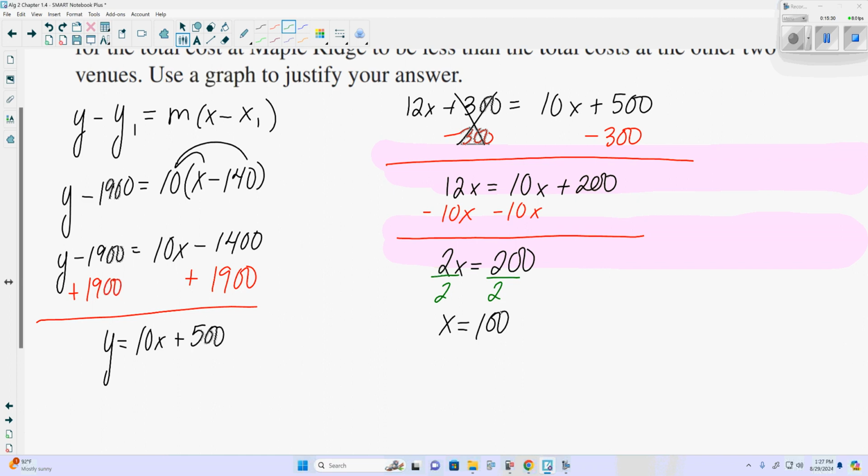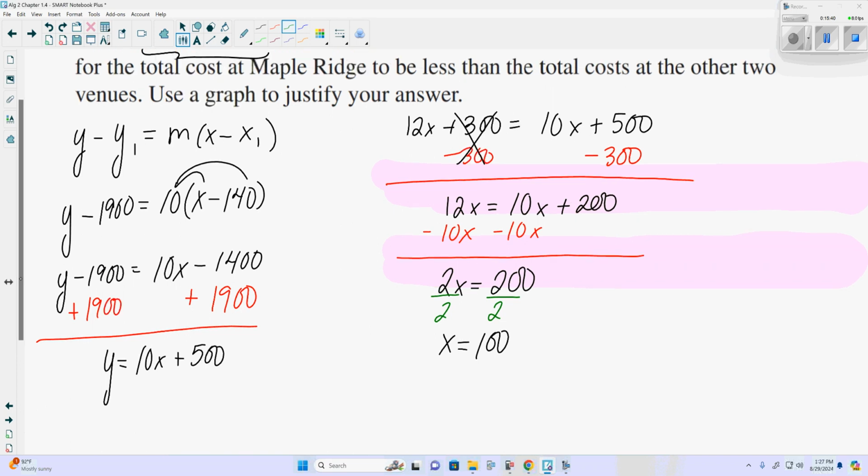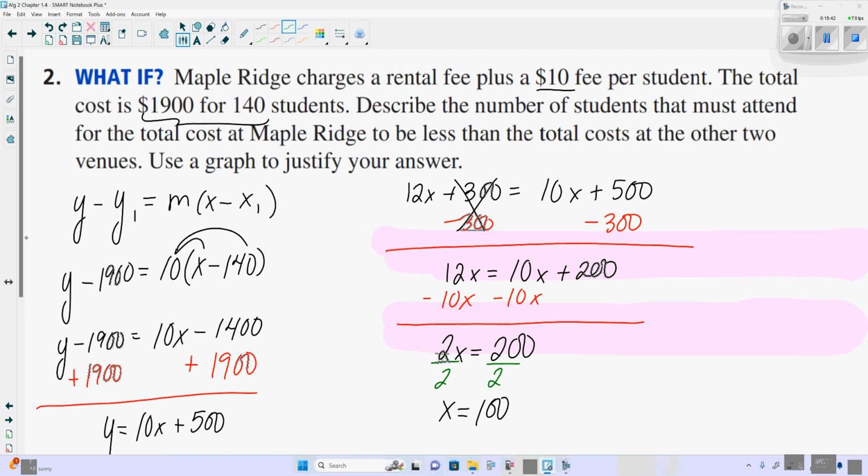So how many students would it take for Maple to be cheaper than Lakeside? Well, 101. Describe the number of students that must attend for the total cost to be less than. It's going to require 101. Because at 100, it would be the same.